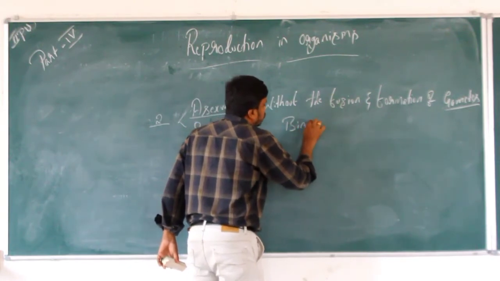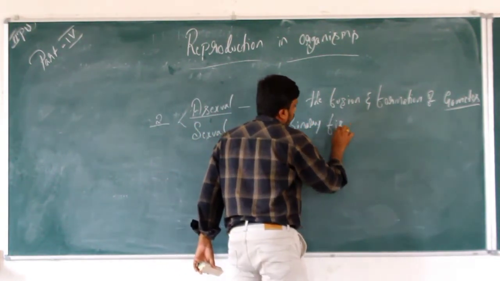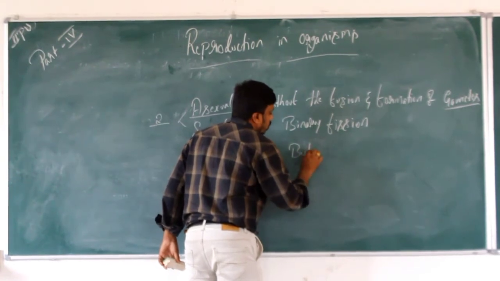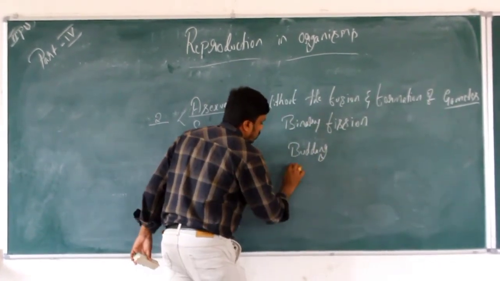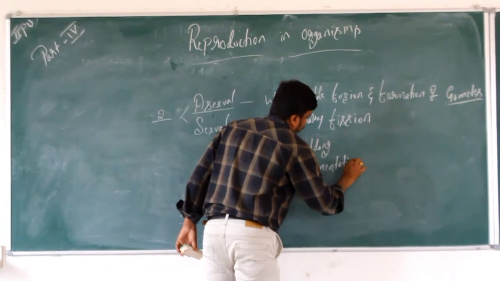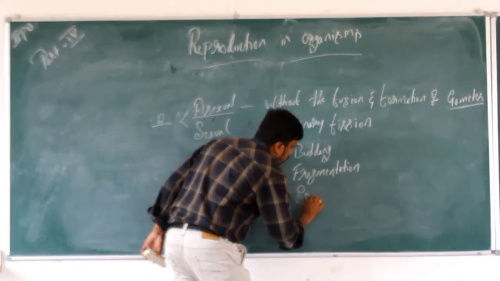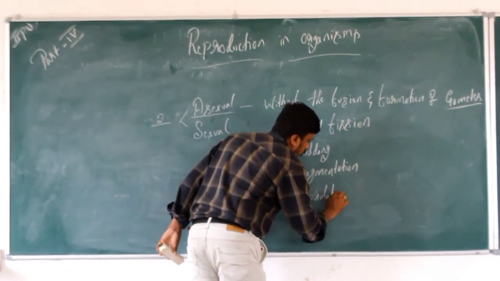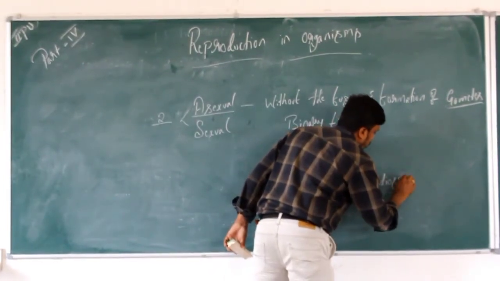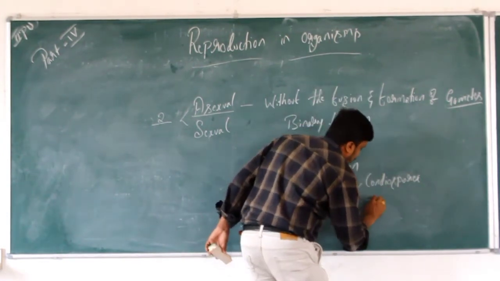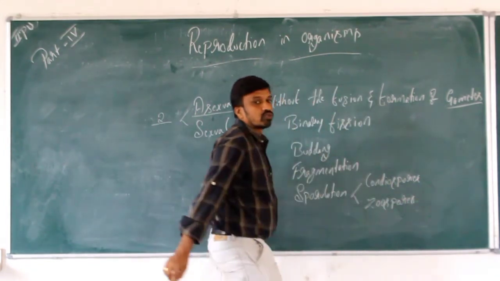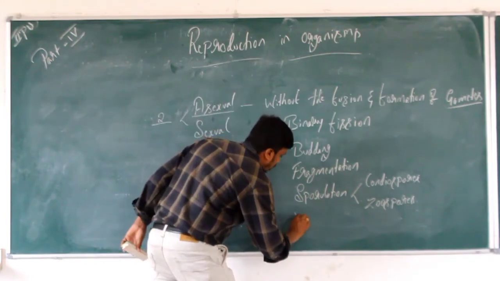One is binary fission, next budding, next fragmentation, sporulation, here two types, conidiospores and zoospores, and next vegetative propagation.